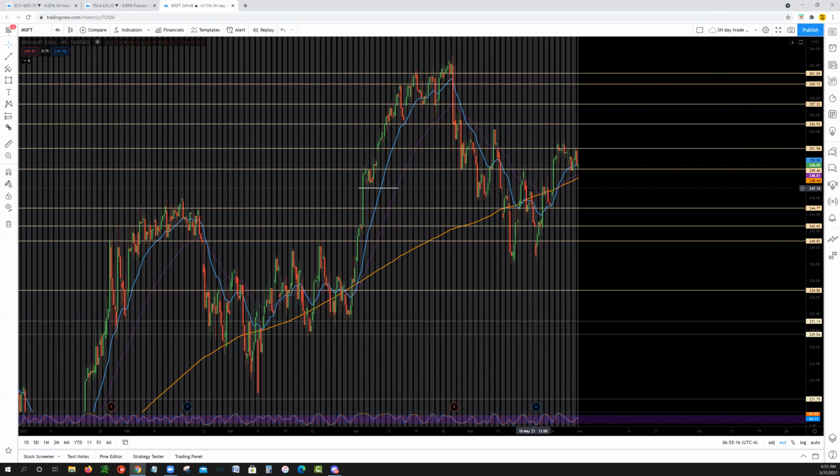But what you want to remember is that the earnings for Microsoft was actually pretty good, if I remember correctly. They had multiple departments or sectors that did really well. So what I would be expecting, because I do believe their guidance was good, is that this choppiness is not going to continue.